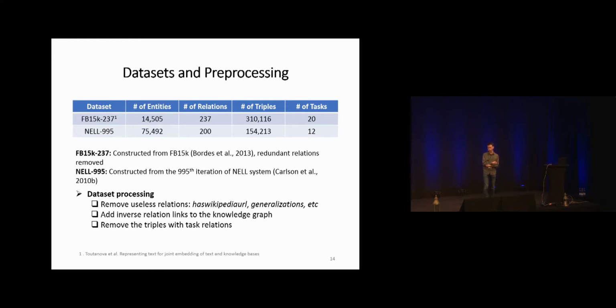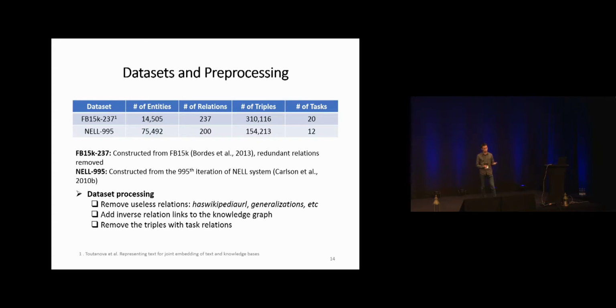These kinds of relations in our dataset have low reasoning value. We also add triples with inverse relations to the large graph, which enables the agent to go backward in the graph. And for each reasoning task, we remove all the triples with this particular relation to build the training examples and test examples.